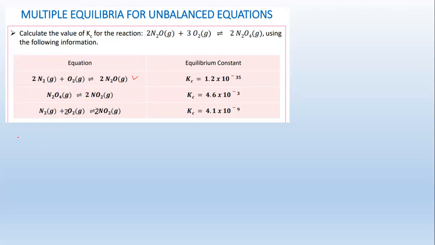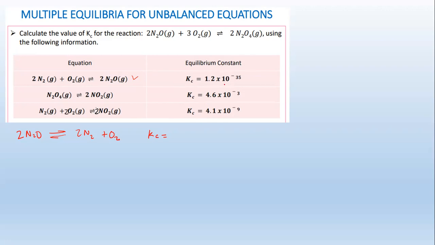So I'm going to have 2N2O on the reactant side, giving 2N2 plus O2. This is the same equation, but it is the reverse of the forward reaction. The Kc value for this equation is not going to be the same, remember?